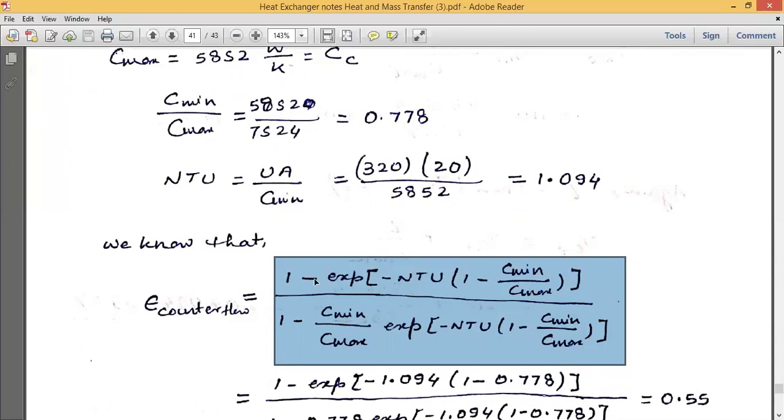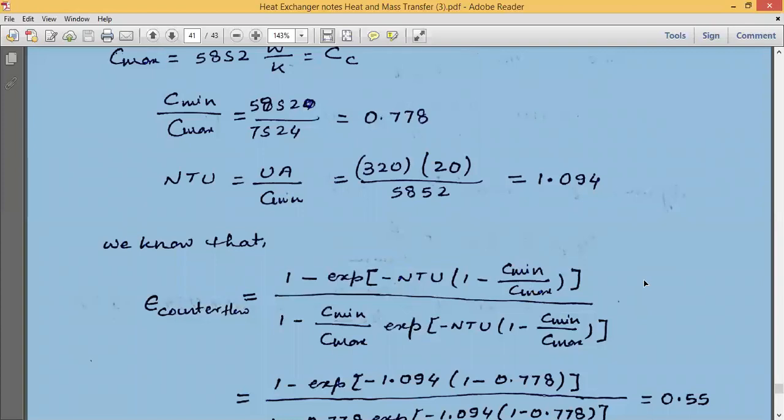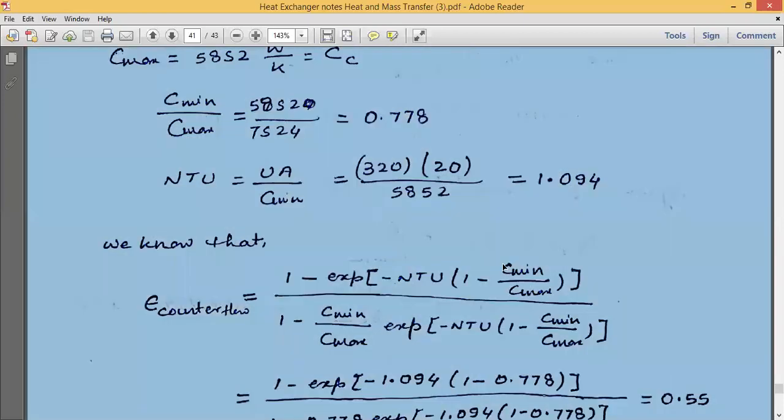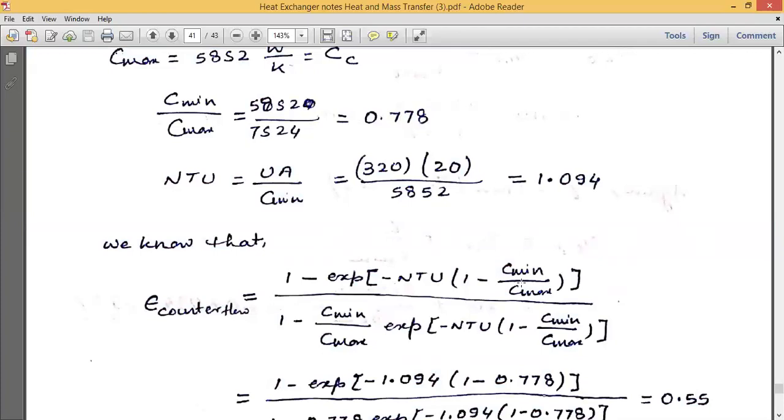So this is an expression for counter flow. In a similar fashion for parallel flow, we had derived an expression. So now in this expression, we need the NTU value that we have already calculated as 1.094. Also, we need the value of C minimum upon C maximum that we have already calculated as 0.7778.